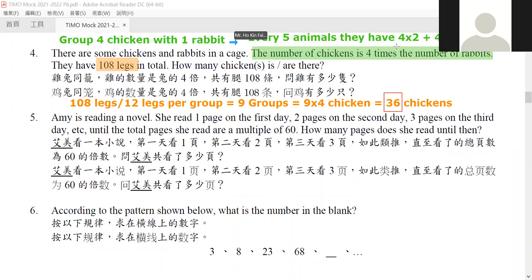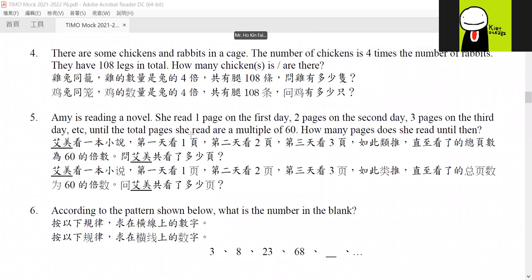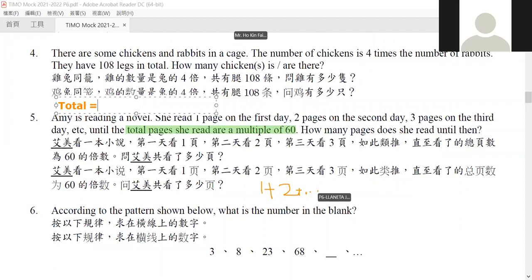So in this case, we want to find the cases in which the total pages is a multiple of 60. So, what is the total pages, right? The total is equal to 1 plus 2 plus 3 plus 4, and then add up to some number.